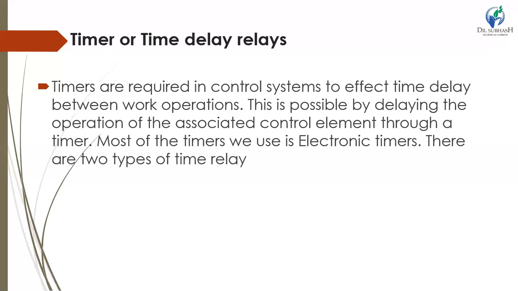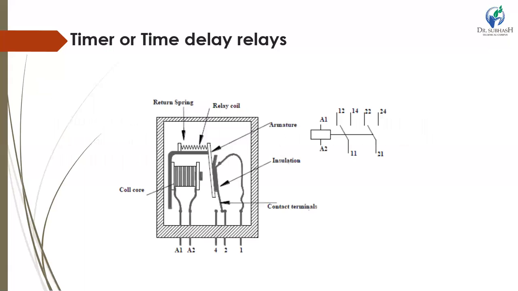Most timers used are electrical timers. There are two types of timer relays, as in this diagram. First one is pull-in delay, or you can say on delay timer. Another one is dropout delay, or you can say off delay timer.